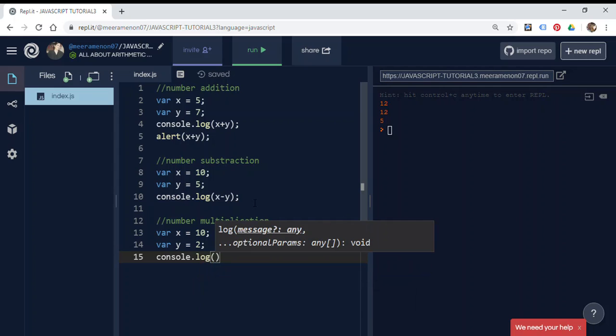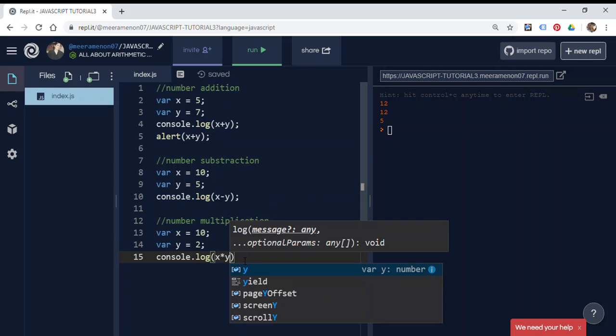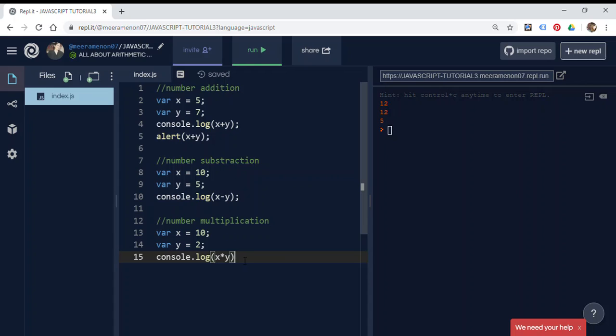So for multiplication, what's the symbol you use? x and y. This is how you write it for multiplication. And then let's run it. 20. So this is right. Next, you just need to practice a bit, then you can get the syntax right.